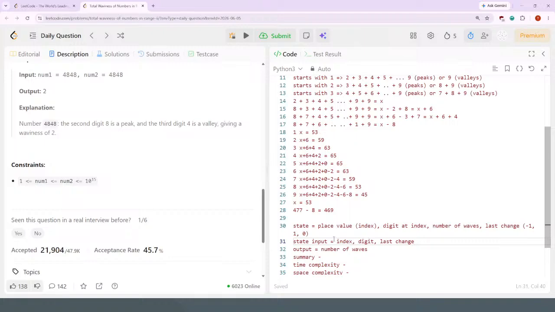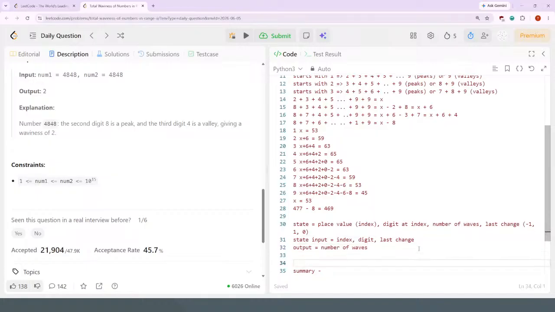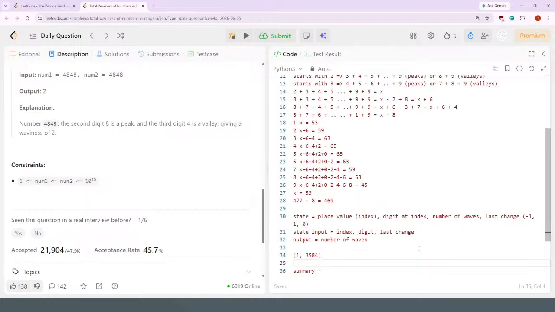Then the upper bound, how's the upper bound going to work? So let's say the interval goes up to 3584. The first digit is 1, 2, or 3.